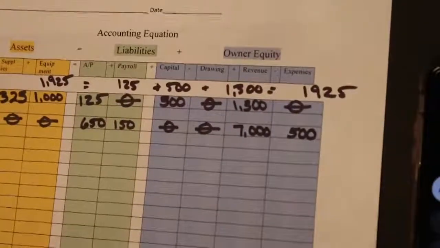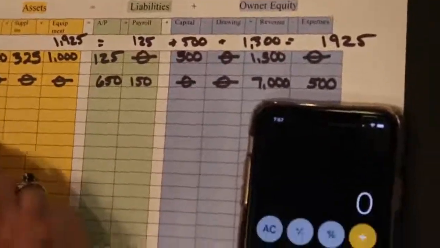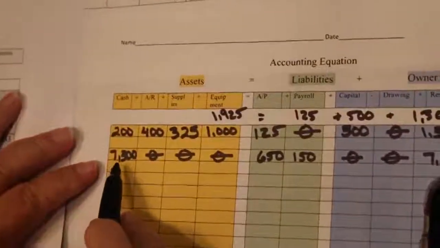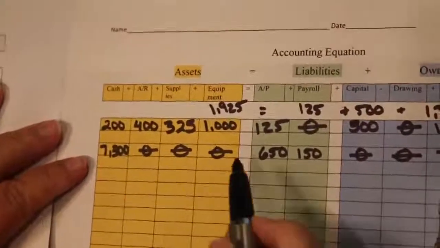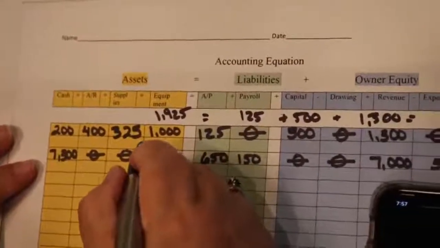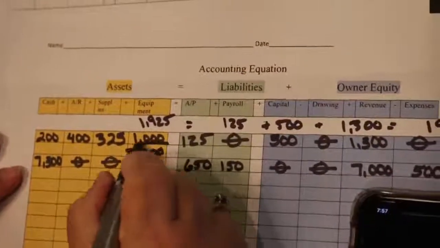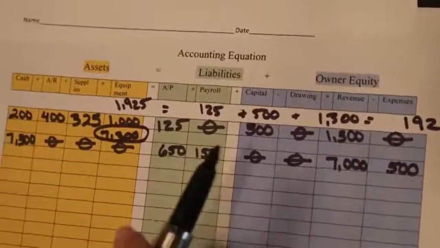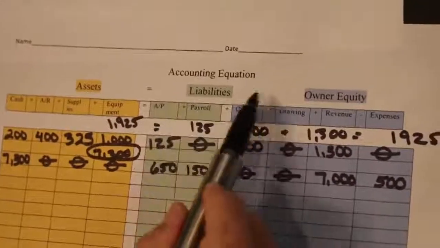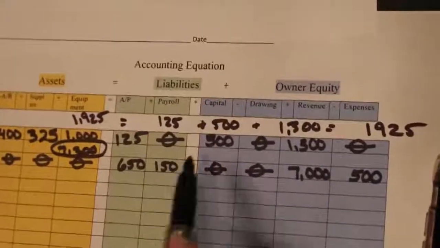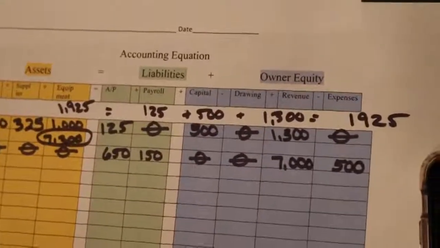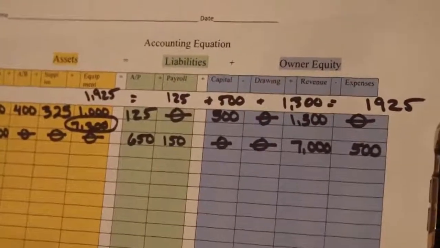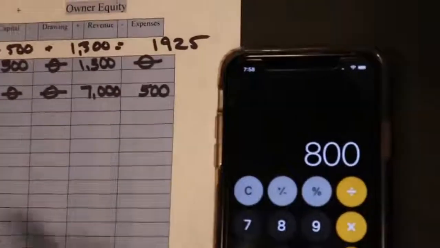Okay? So I don't have to add up our assets because we know that 7,300 plus 0 equals 7,300, right? All right, so now we have to add our liabilities plus our owner's equity. So 650 plus 150 equals 800.